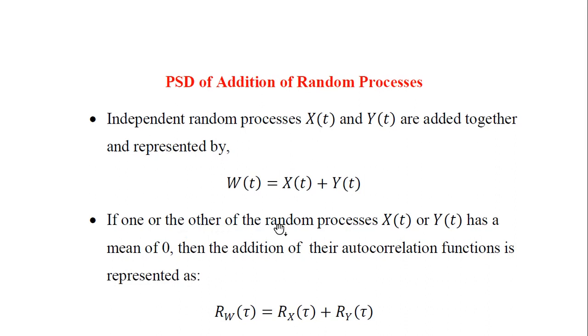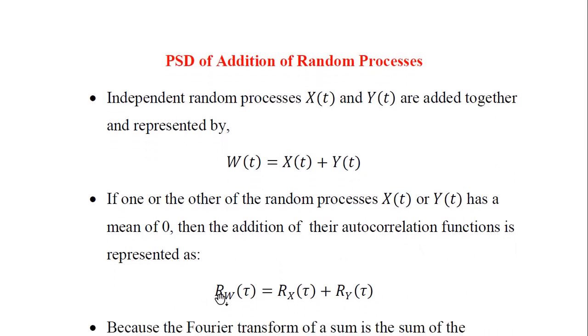If one or other of the participating random processes, x of t or y of t, has a mean value of 0, then the autocorrelation function is given as below.